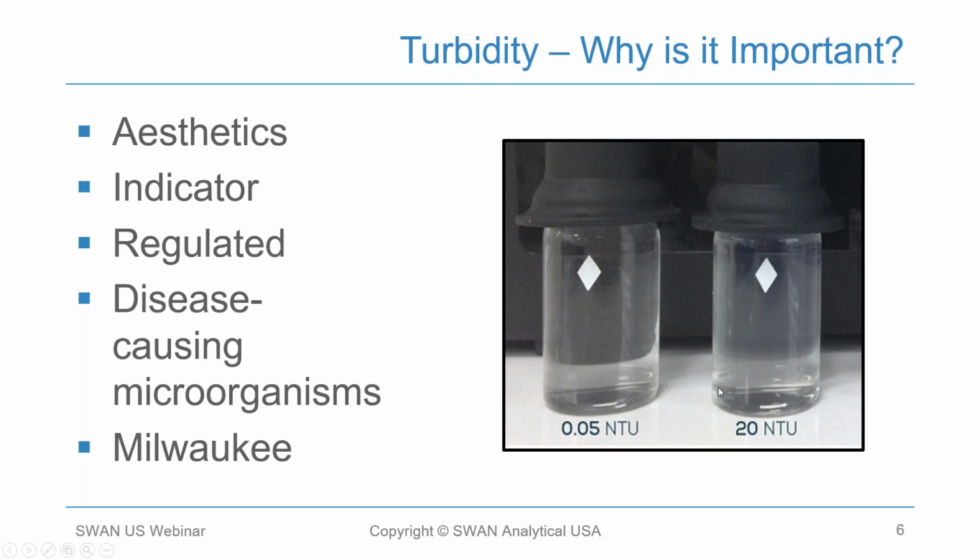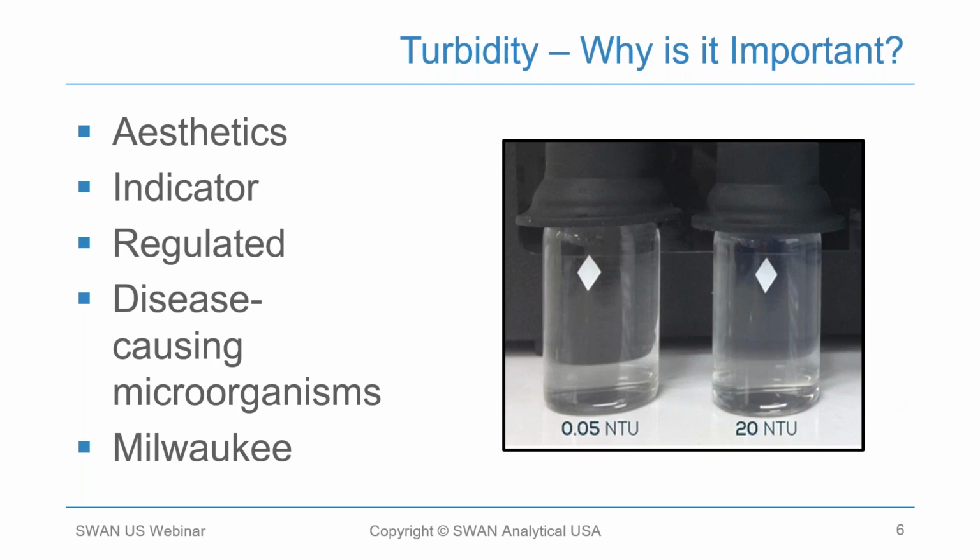So that's why EPA came out with LT2, the Enhanced Surface Water Treatment Rule, where they allow an additional half a log of Cryptosporidium removal credit for CFE performance and individual filter performance less than 0.15 NTU and never greater than 0.3 NTU.